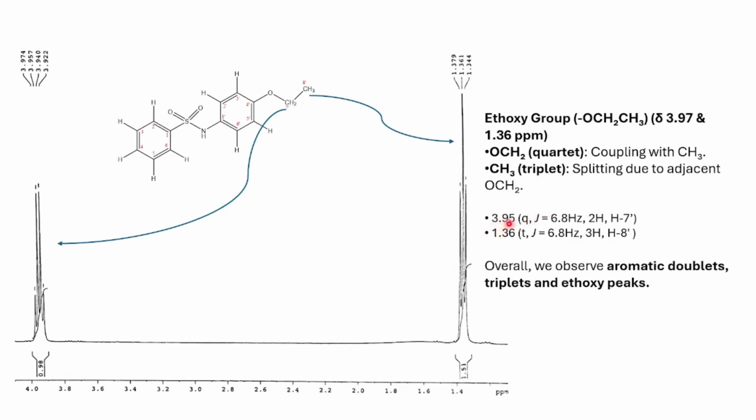At 3.95 a quartet appeared, J value 6.8 hertz, 2 protons, H7. Here is the methylene proton. At 1.36 a triplet appeared, J value 6.8 hertz, 3 protons, H8. Here's the H8, the triplet of the methyl group.